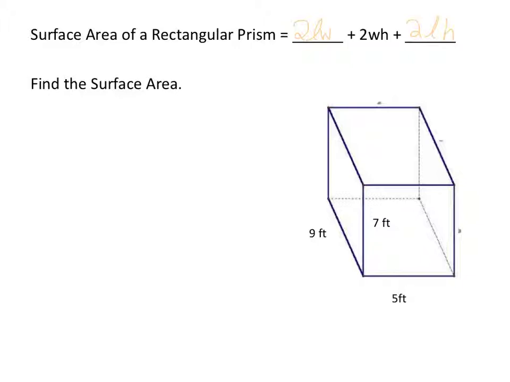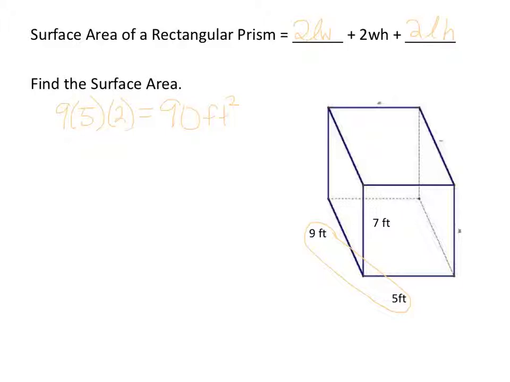Alright, so we want to find the surface area of this prism. Basically what I would do is just make sure, because we have 3 different ones, each of them has to be paired with the other one. So the first 2 I'm just going to look at are here. We have 9 times 5, which would be 45, times 2. So those 2 faces are 90 feet squared.